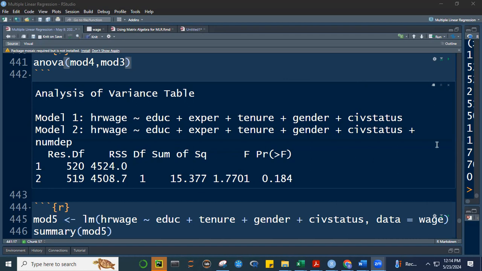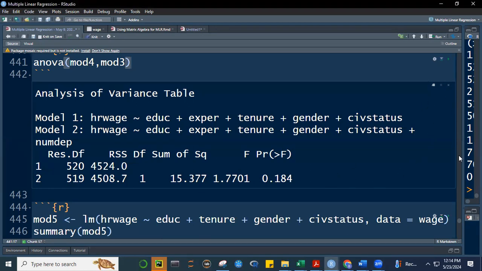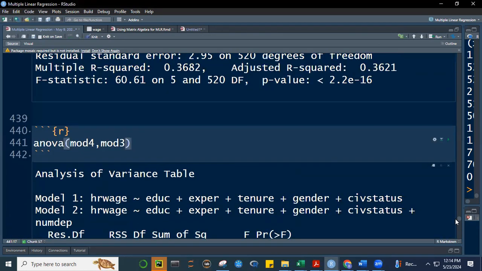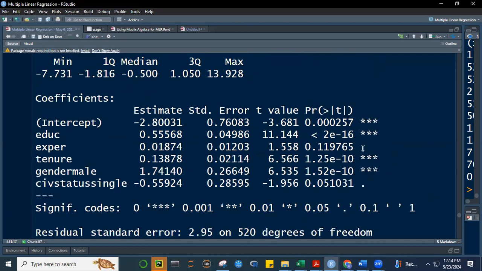I appreciate that. Okay, so we're now going back to model number 4. There are only 2 insignificant variables left. It's either experience or civil status. Okay, and then from the t-value, you can see that experience is 1.58, and civil status is absolute value 1.95.